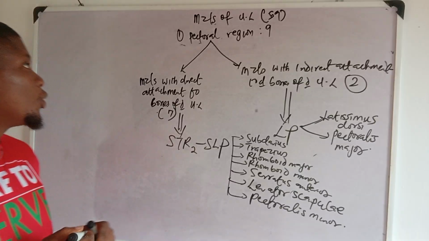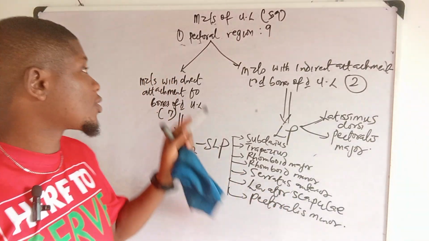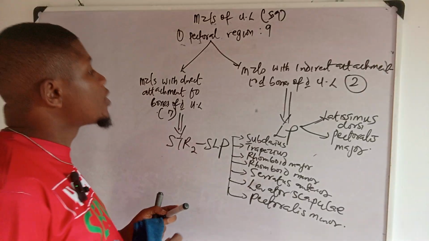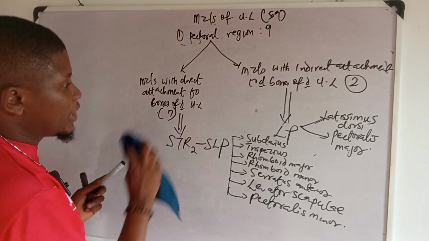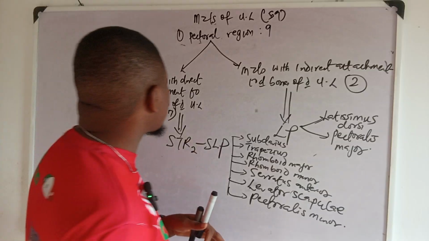So I'm going to walk you through this, and most of the time we'll be doing it region by region. You have seen the muscles with direct and indirect attachments.